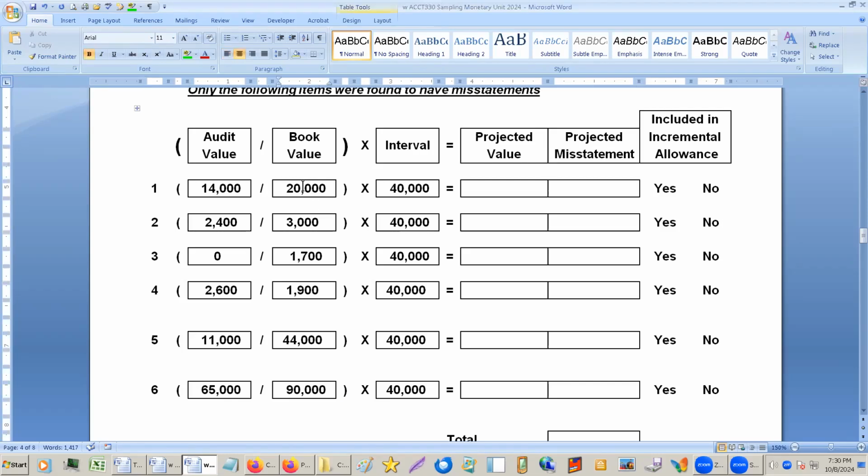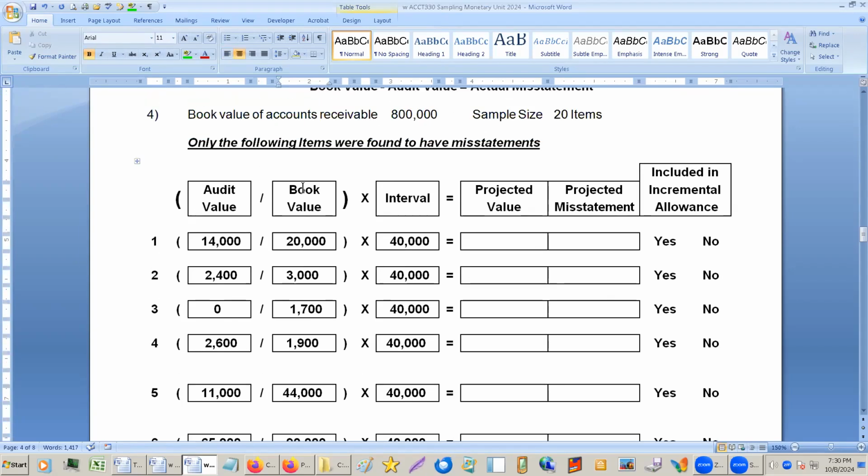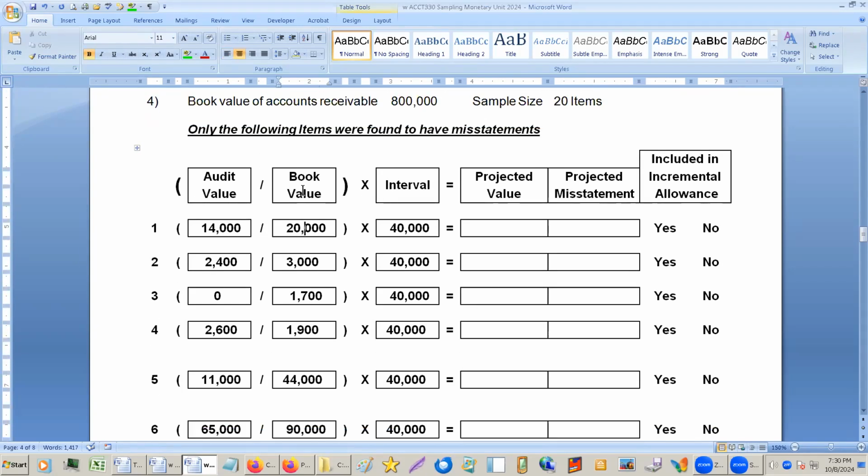The first three are pretty much well behaved. The audit value is less than the book value, so these are overstatements, right? This is an overstatement.